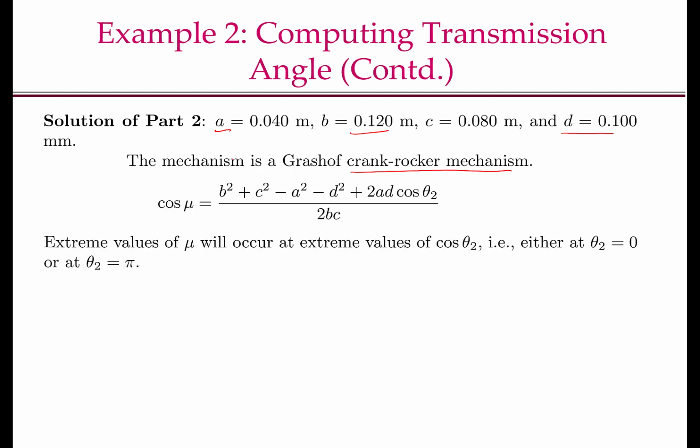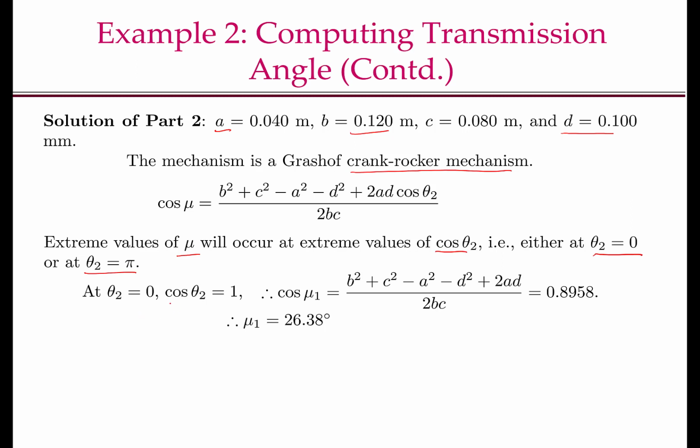Repeating the same argument that I had before, extreme values of mu will occur at extreme values of cos theta 2. That is either at theta 2 equal to 0 or at theta 2 equal to pi. At theta 2 equal to 0, cos theta 2 equal to 1, and cos mu is equal to this expression here, which gives rise to this value on the right hand side.